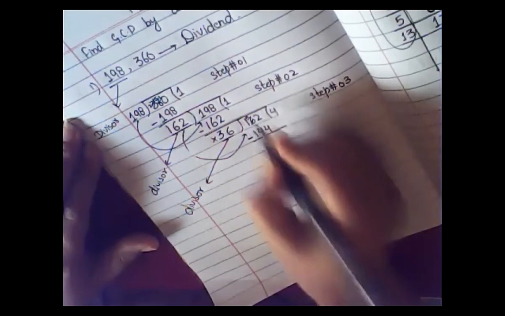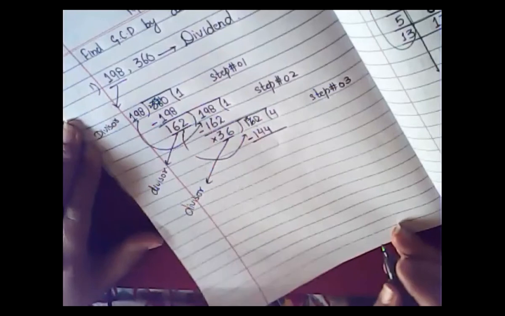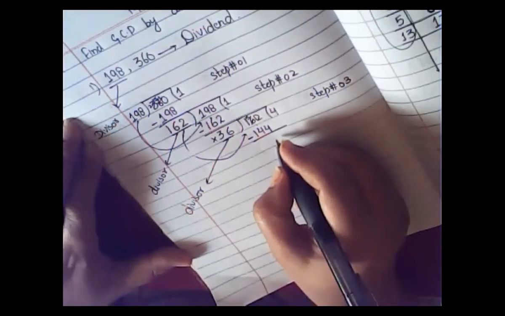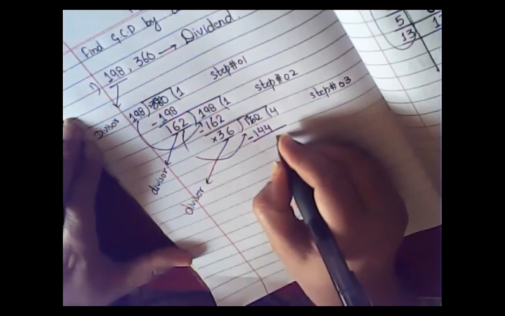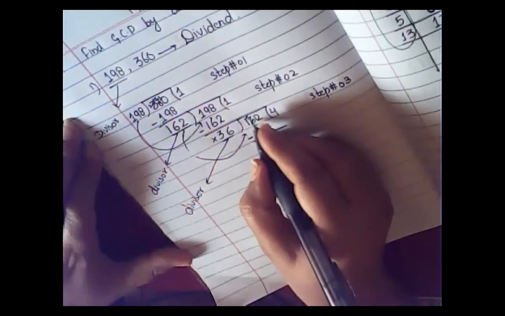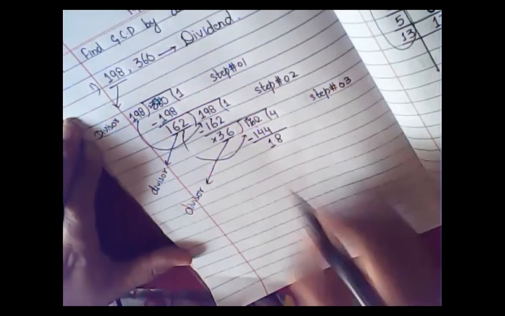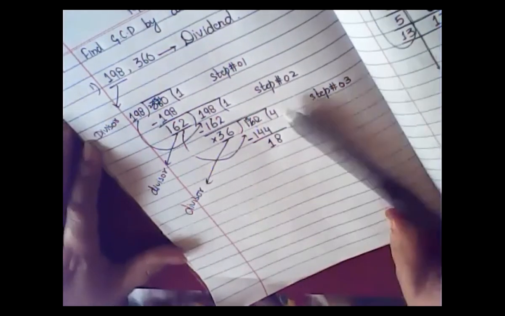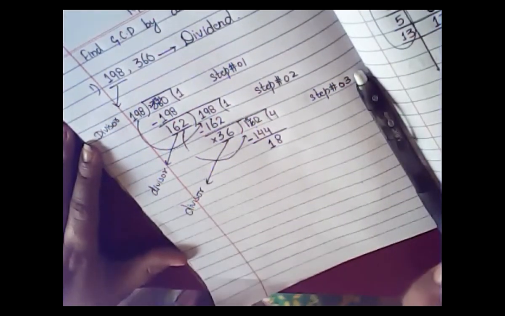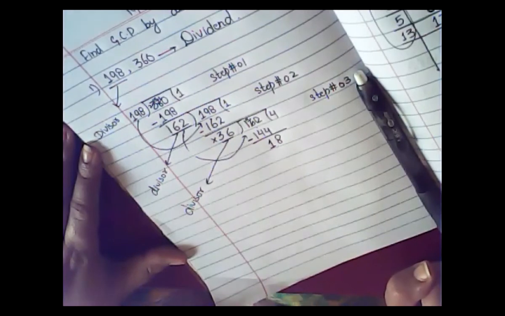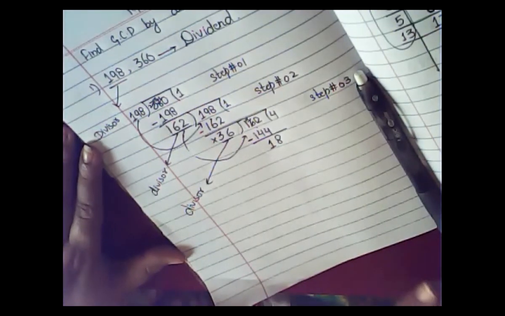This will become 5, and this will become 12. 12 minus 4 is 8, and 5 minus 4 will become 1 here. Oh my God, students, I get a remainder here, 18.